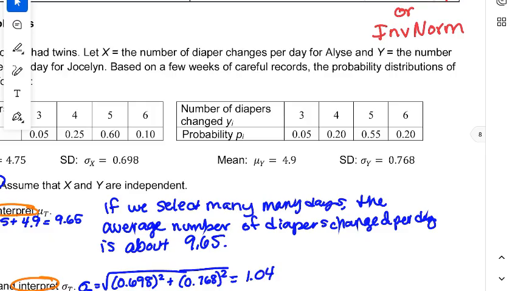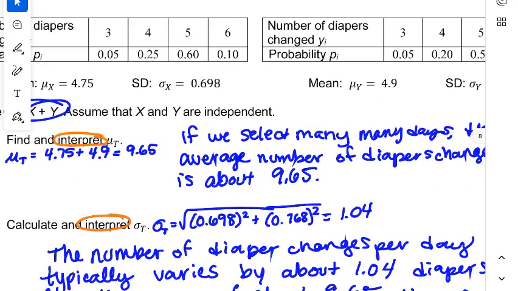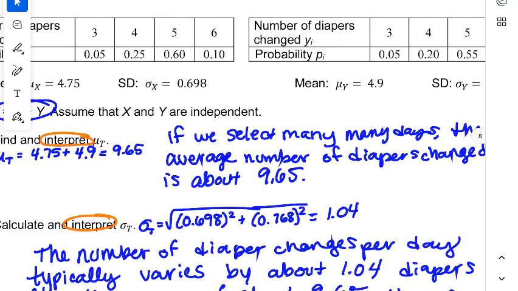So the stem is like, if we select many, many something. It's talking about days. And then standard deviation, we use that Pythagorean theorem type formula, which gives 1.04. So the number of diaper changes per day typically varies by about 1.04 diapers from the mean of about 9.65 diapers. That would be our interpretation.